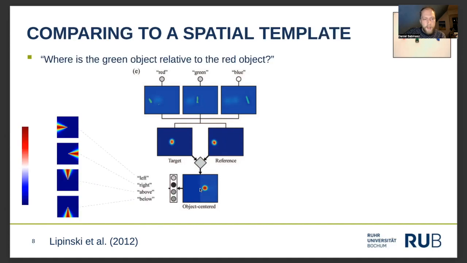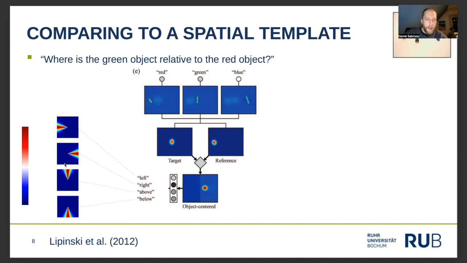And the last step is to compare that relative position to a spatial template in order to be able to answer the question, where's the green object relative to the red object, in terms of a concept or word that describes a relation. And for this, we need to introduce concept nodes. These concept nodes receive input from the object-centered field. Actually, every concept node receives input from the whole field in a sense, but according to synaptic weight patterns, which are given as these spatial templates.